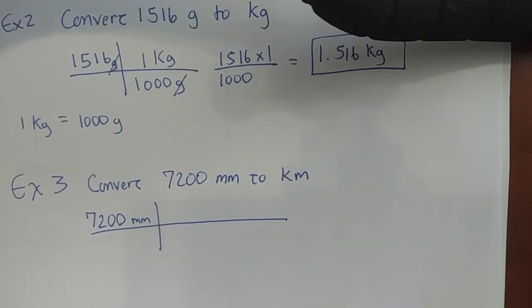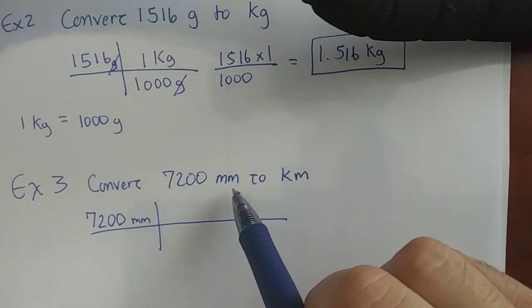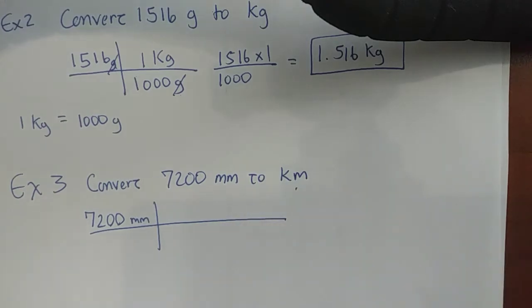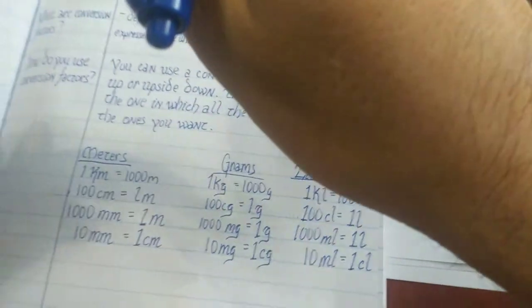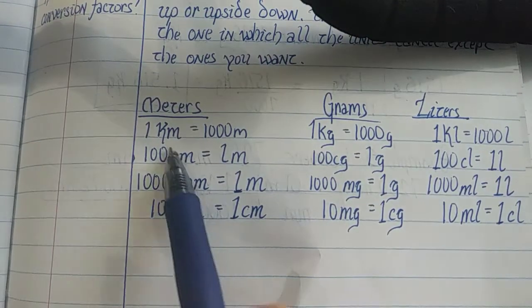So my thought process here is, do I have any conversion factors that go from millimeters to kilometers? And we don't. So if we look here, millimeters to kilometers, no, we don't.